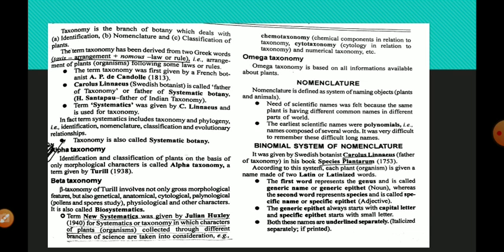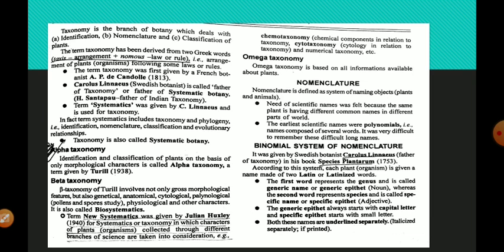Then comes nomenclature. First we identify, then we name the plant species. Nomenclature is defined as the system of naming objects, plants and animals. As we human beings have a specific name at home but a different certificate name, it is the same in the case of plant species.